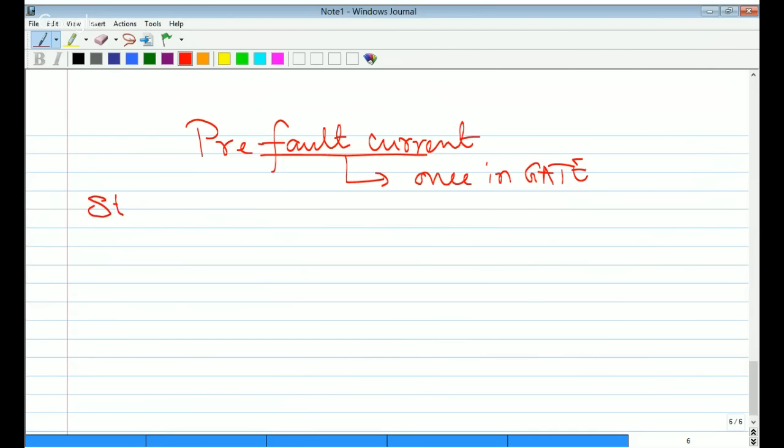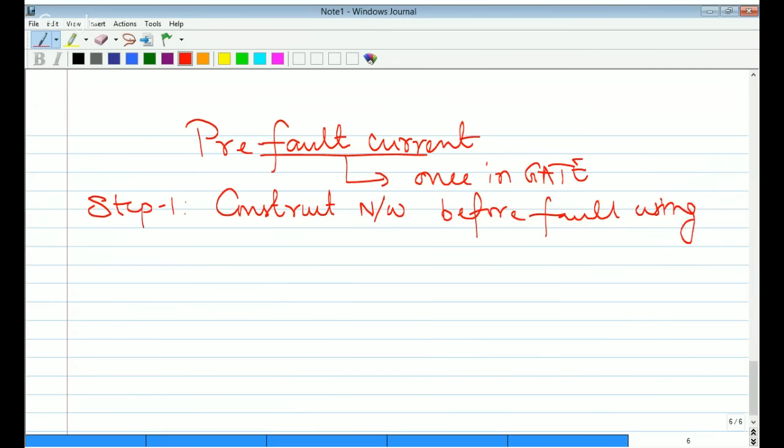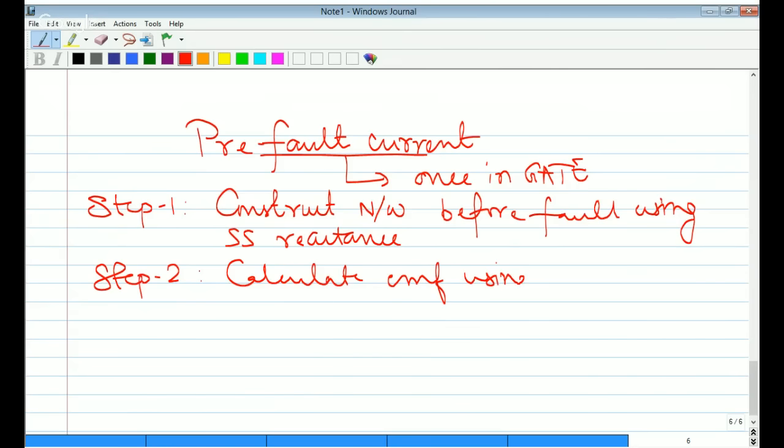Step 1, construct the network before fault using steady state reactance. Then step 2, calculate EMF using given load.